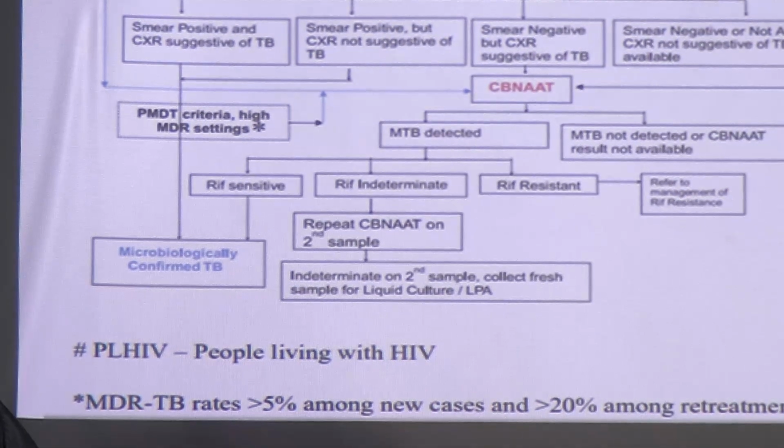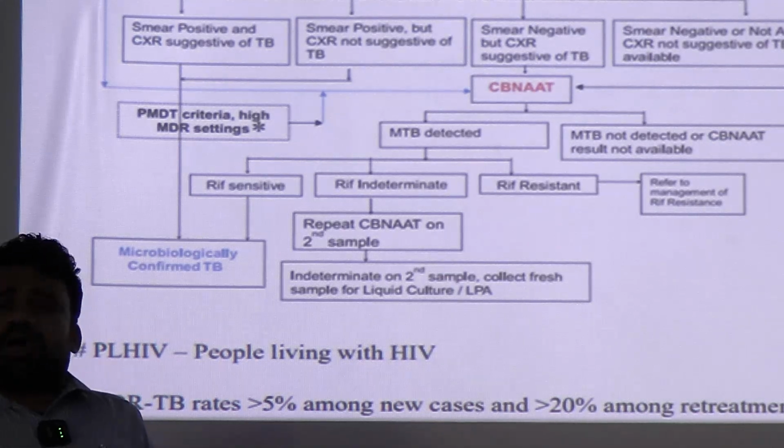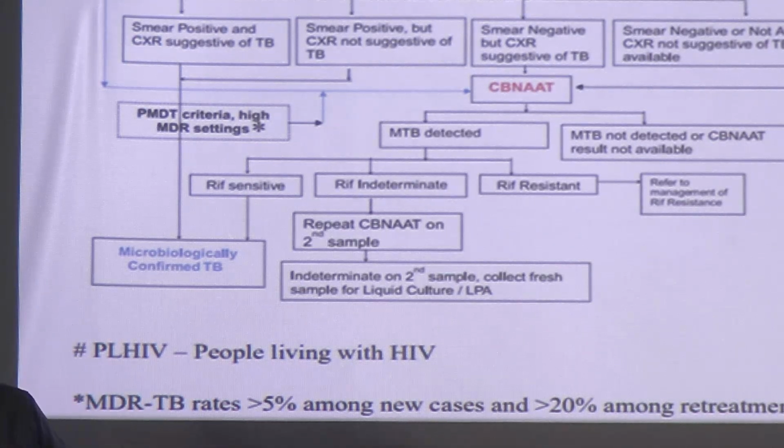We can ascertain this either by culturing, or we can go for direct molecular diagnosis, either by the cartridge based nucleic acid amplification test, CBNAAT, or by conventional PCR. The other way is to go for culture, whether solid culture or liquid culture.